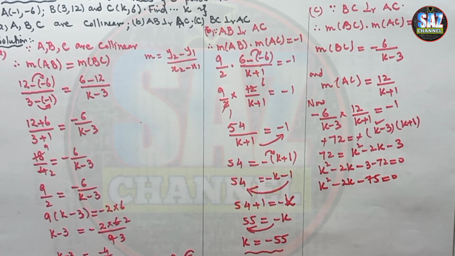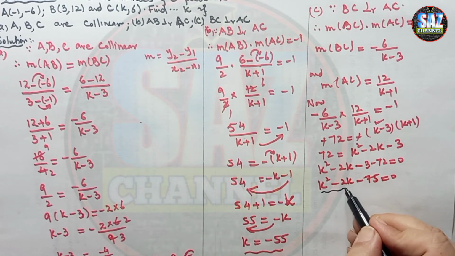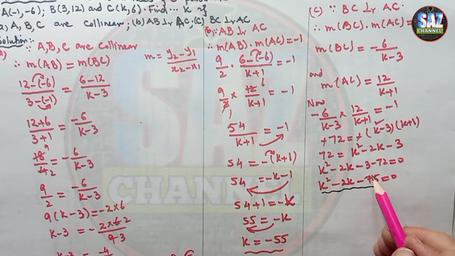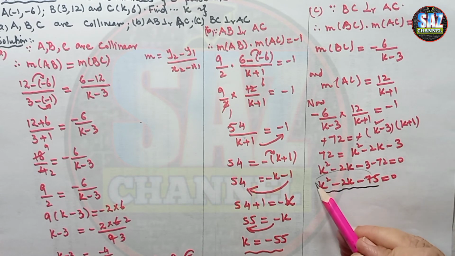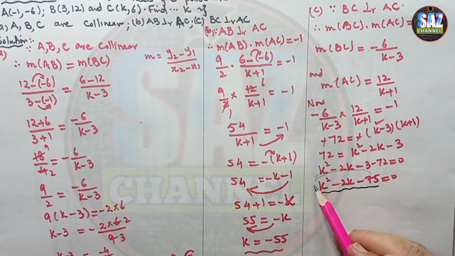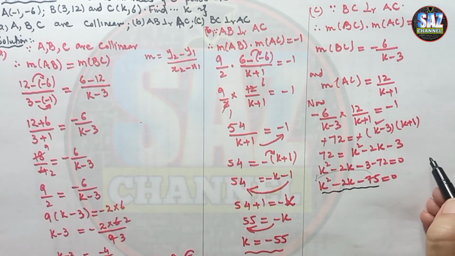Now at this stage we are getting a quadratic equation, and from D2 chapter number 3 we have done a lot of practice about the factorization of quadratic equations and expressions. I have to multiply 75 with the coefficient of the square term, which is positive 1. That will give me the product 75 with a minus sign.